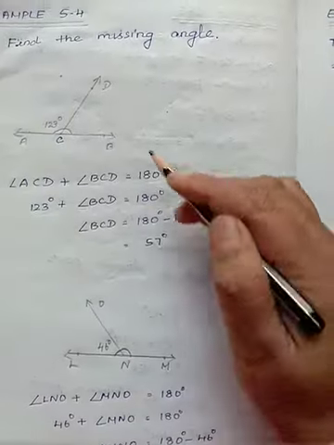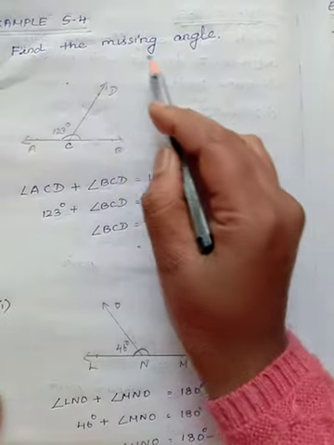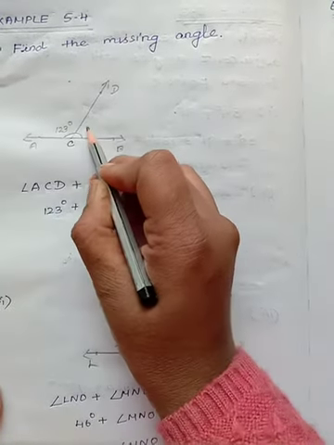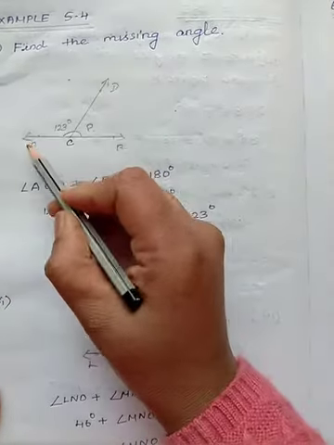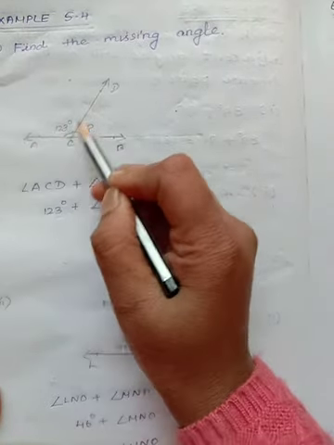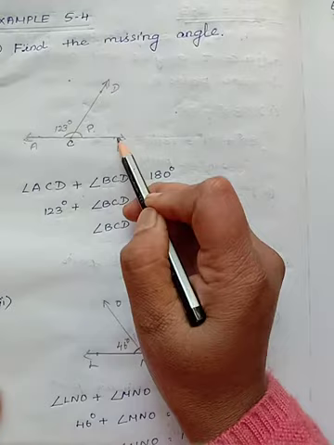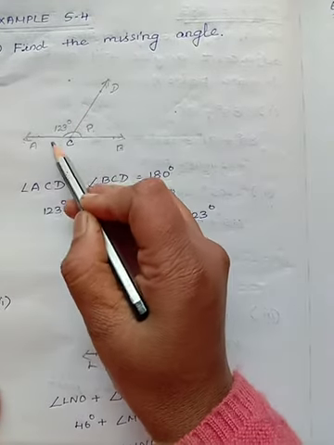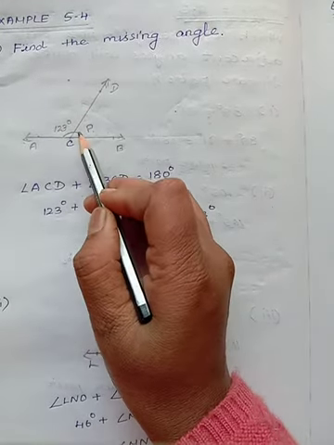Next is our example 5.4. Find the missing angle. So this angle we need to find. Angle ACD plus BCD are two adjacent angles.